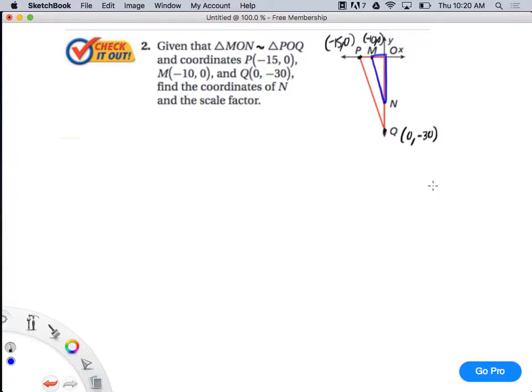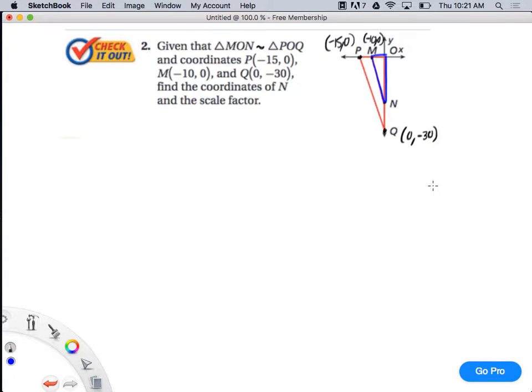We don't have N, so this is the dilated shape. Usually it tells you that this is the dilated shape, and I'm telling you this is the dilated shape, because that's the one we're trying to find. So how do I find the scale factor? Divide 15 by 10.